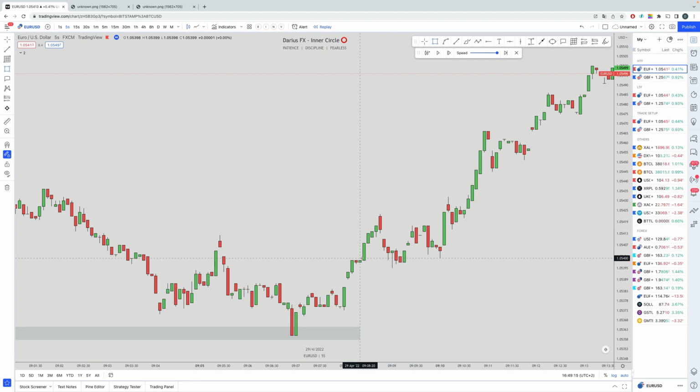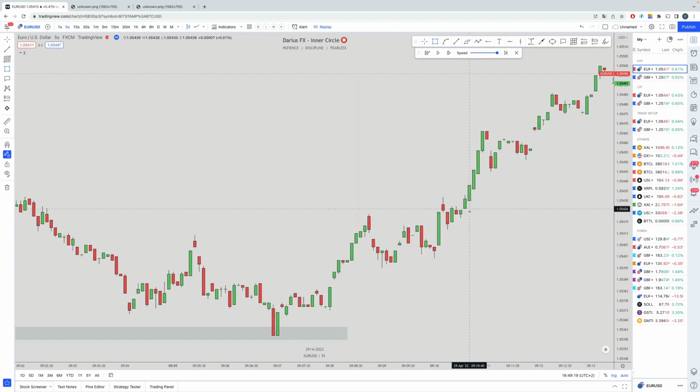So the zone itself should be a little bit bigger, at least something with 1 pip is what we're looking for. So what you can say in this case, it's grabbing the liquidity, but they didn't break the liquidity.